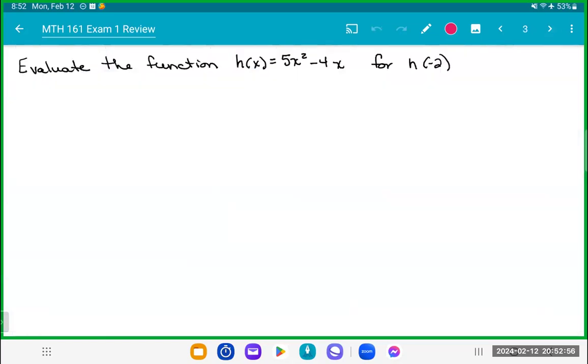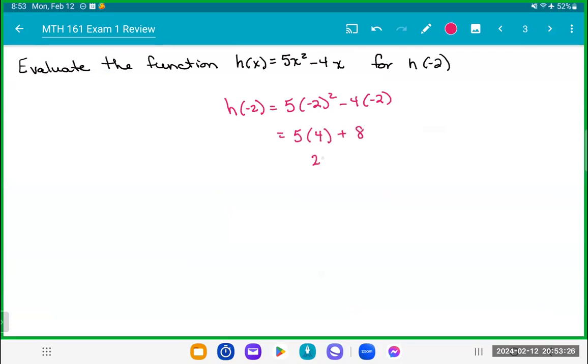For this next one, we want to evaluate the function 5x squared minus 4x at -2. So h of -2 is equal to 5 times (-2) squared minus 4 times -2. That is 5 times 4, because -2 times -2 is 4, and -4 times -2 is +8.